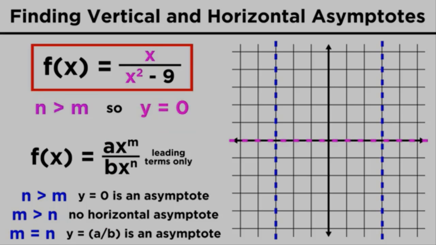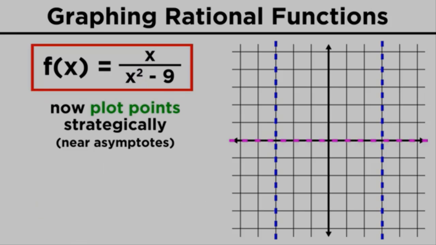In this case, the denominator is of a higher degree as it is a quadratic, so y equals 0 is the asymptote. Then to graph the function, we can test selective values of x to find the behavior of the function as it approaches these asymptotes from either side.